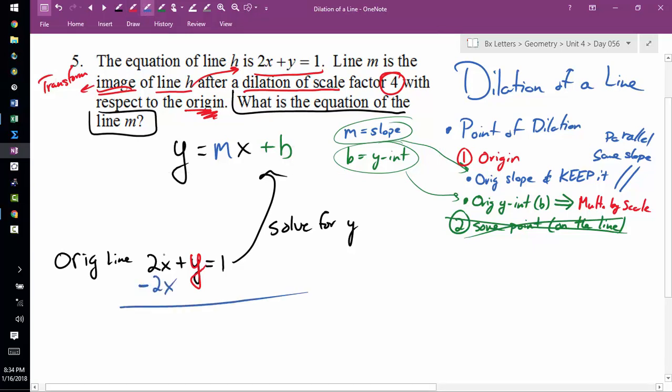I'll do the inverse operation. Whatever I do to one side, I do to the other. And I can see y equals, I'm going to keep this 2x in front, because your x term should come out in front. You don't have to, but it will just be easier to read. And I'm going to stick this plus 1 in the back.